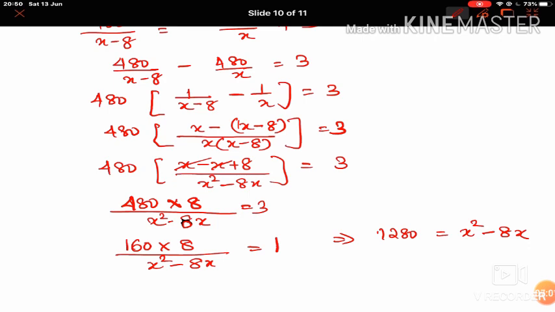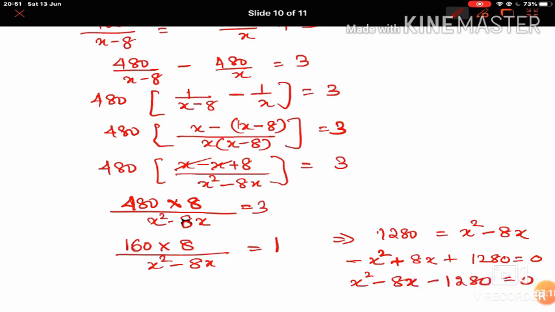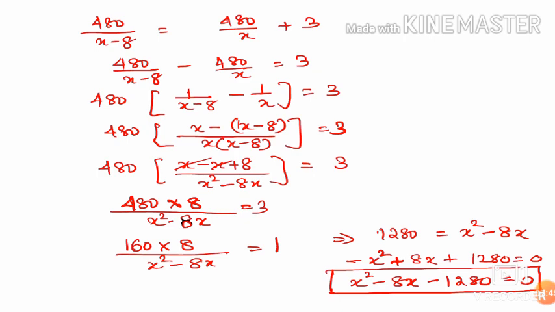Shifting the terms on the right side of the equation to the left side, we get minus x square plus 8x plus 1280 equal to 0. This can be written as x square minus 8x minus 1280 equal to 0. So this is how we can represent this word problem into a quadratic equation.